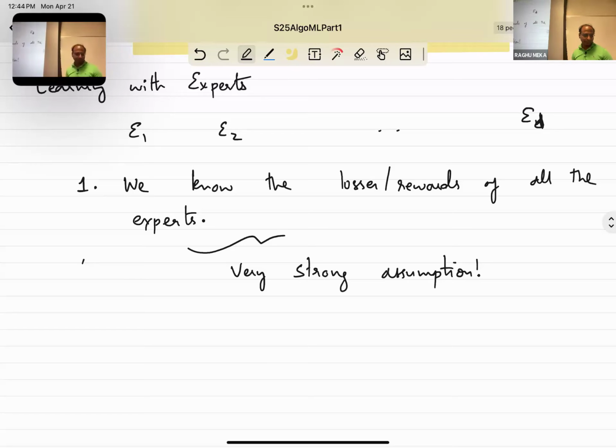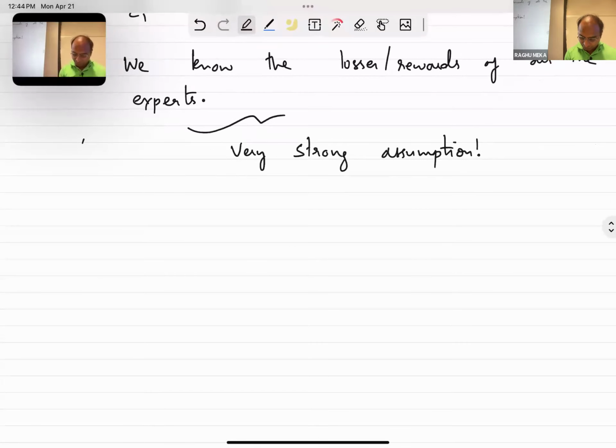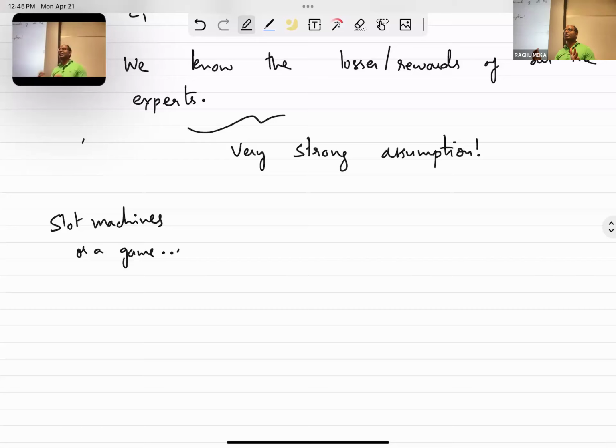Okay. Now, we can consider a scenario which is, the traditional example taken is you have slot machines. But just imagine that this can really be a traffic app. You have k choices to make.